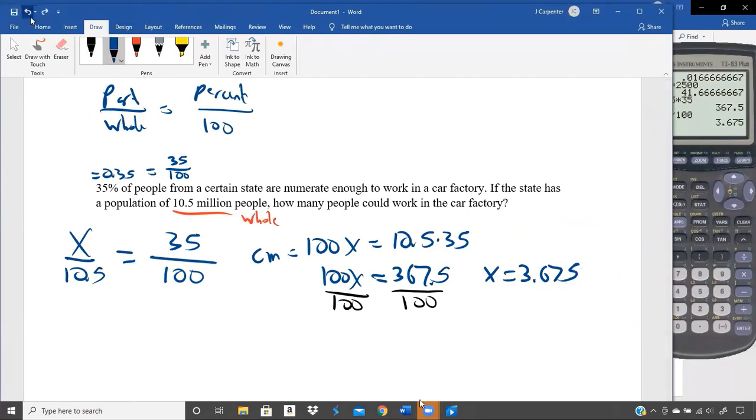The number for the whole we were given was in millions, which means this is also in millions. So it's 3.675 million people are numerate enough to work in that car factory.